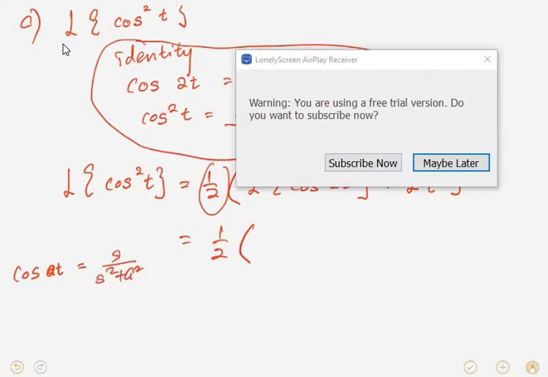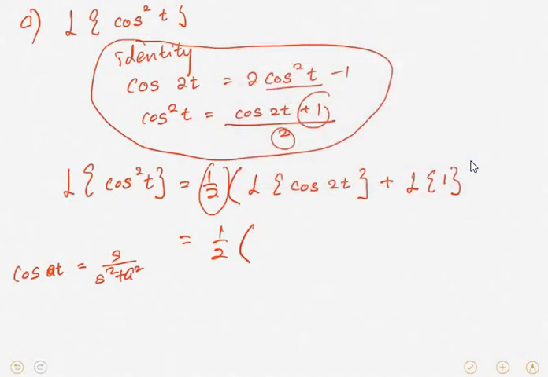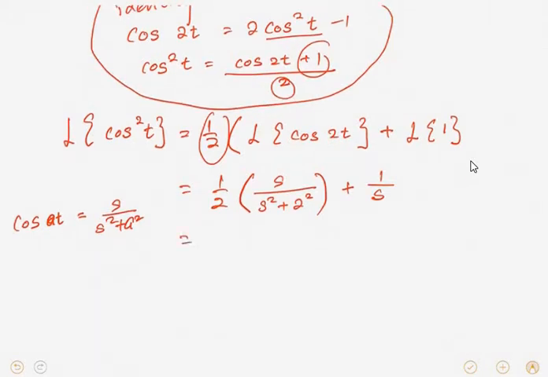From here we know that a is equal to 2. So you have s over s squared plus 2 power of 2, plus 1 over s. So now we have 1 over 2 times (s over s squared plus 4, plus 1 over s).